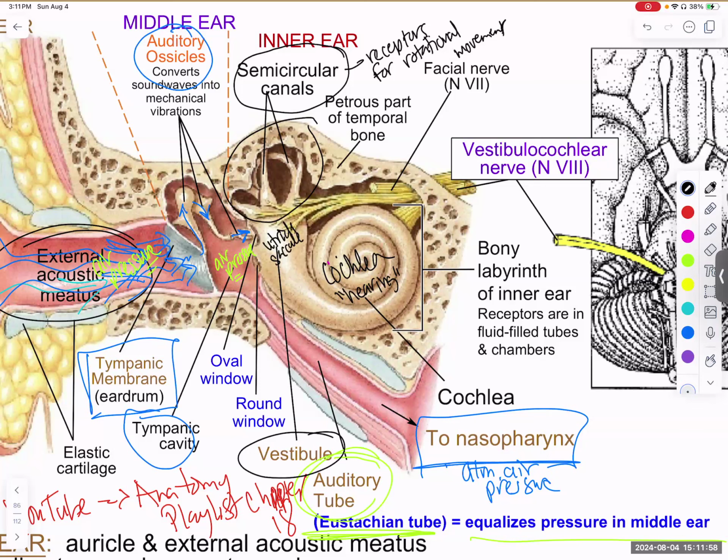And these have the receptors for gravity and linear acceleration. So you have receptors for rotational movements, gravity, linear acceleration. So that's your balance and equilibrium. And then you also have the receptors for hearing in the cochlea in the inner ear.